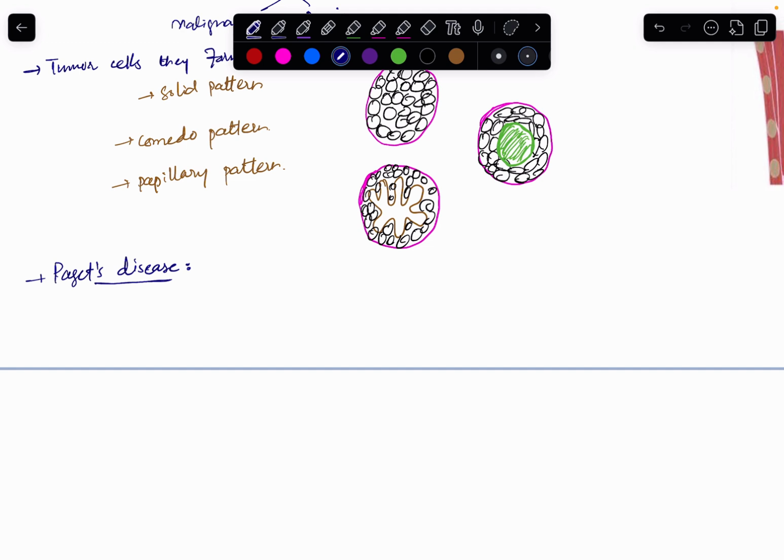But sometimes these tumor cells extend up the duct to involve the skin of the nipple. When this happens, this disease is called Paget's disease.